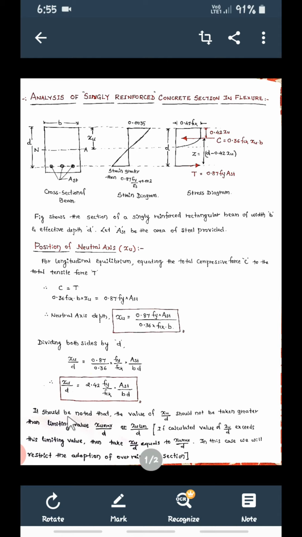So when you calculate XU by D, this should not be more than XU max upon D or XU limit upon D. Both are the same. So we'll see when you start with the problem what XU by D is and what XU max upon D is. But remember these three diagrams and how to calculate this neutral axis depth.